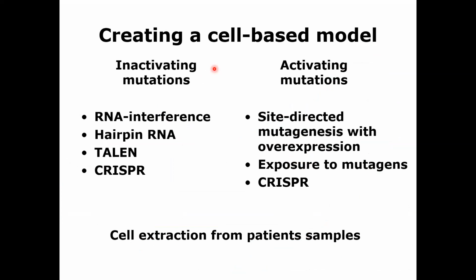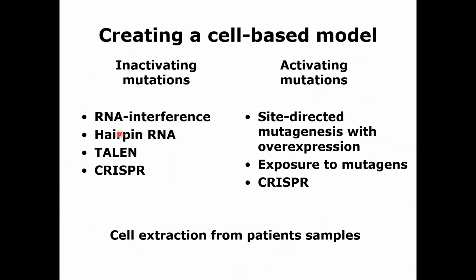So to create a cell-based model, we can make inactivating mutations in the cells. That's our case. We can either use RNA interference, and that would give us a transient, short-living model.